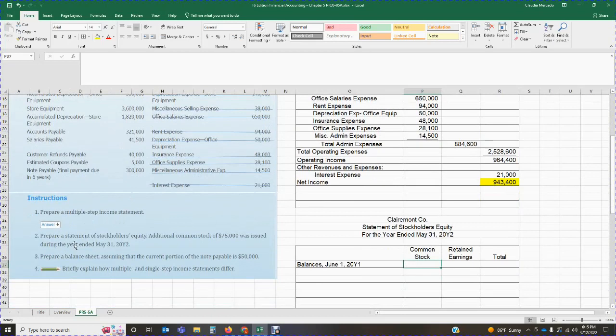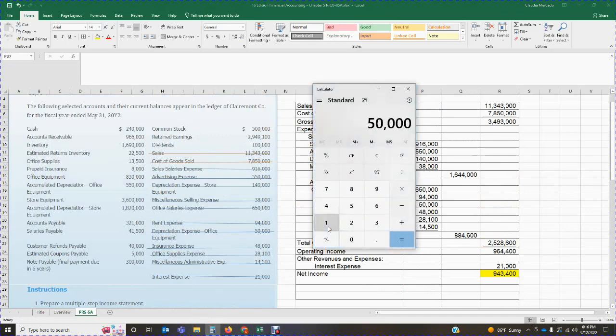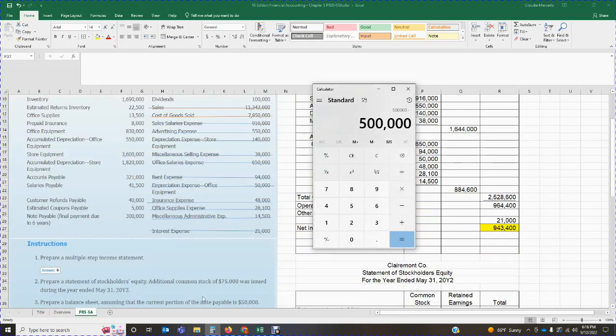So we have to be very careful. When we're preparing the statement of stockholders' equity, we had an additional common stock of 75,000 issued during the year ended May 31st. So, at the end of the year, we issued 75,000 of additional common stock. Our total common stock is 500,000, so that is our ending balance, and we're going to deduct the 75,000 shares of stock that were issued at the end of the year.